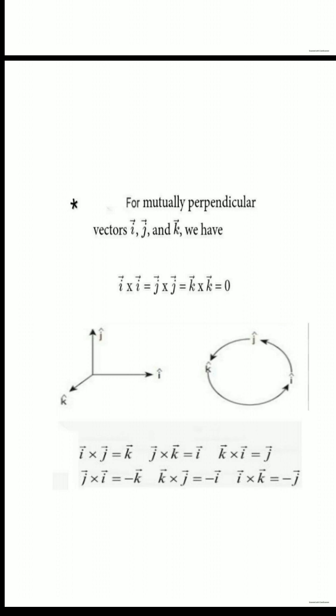Now we want to highlight the next property. For mutually perpendicular vectors I, J and K, we have I cross I is equal to J vector cross J vector is equal to K vector cross K vector equals to null vector, that is 0 vector. From the definition of cross product, I cross I is equal to magnitude of I sine 0 some vector.